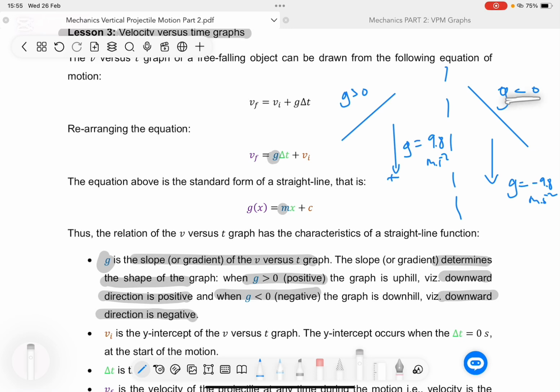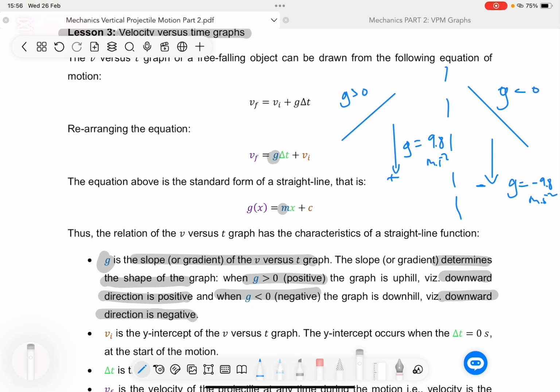It's negative here because our slope is negative, because we already know this number is a constant. Now, because g always goes downwards, it then means down here is chosen as negative. That's why this g is negative, and the graph will be in such a way that it goes downhill.